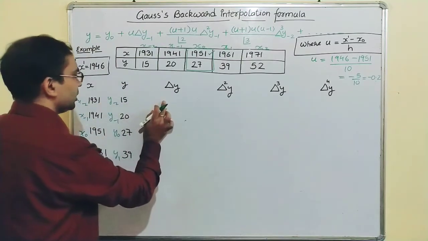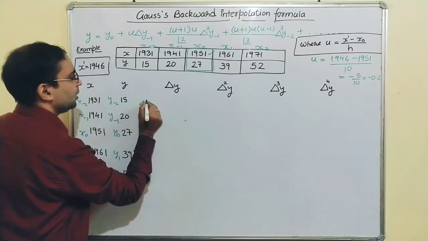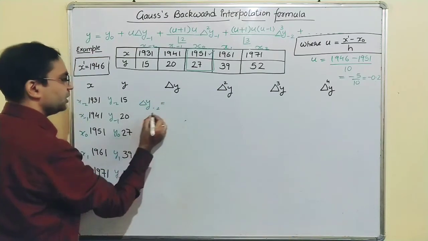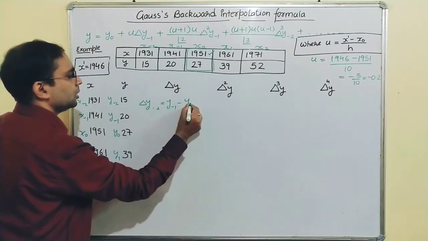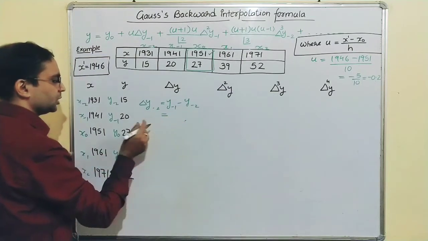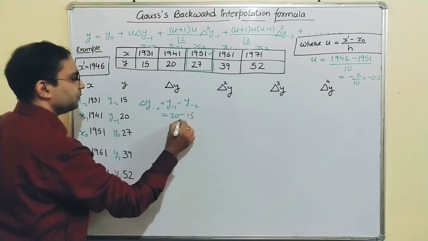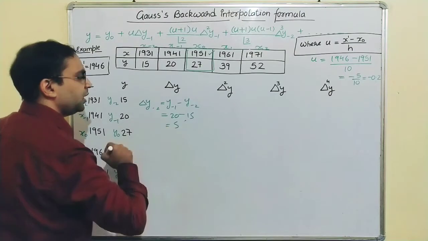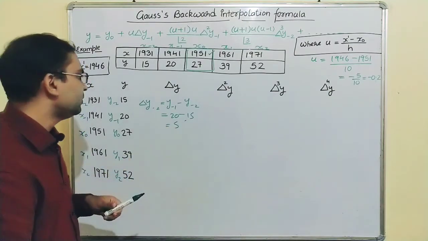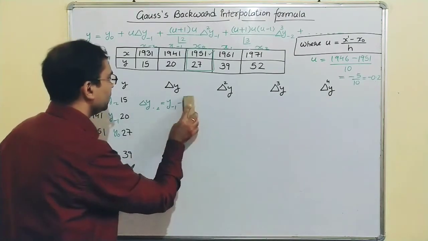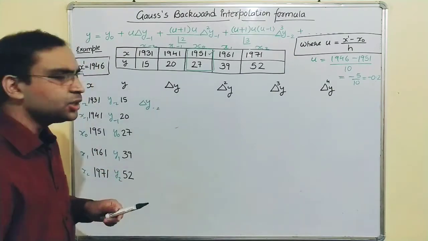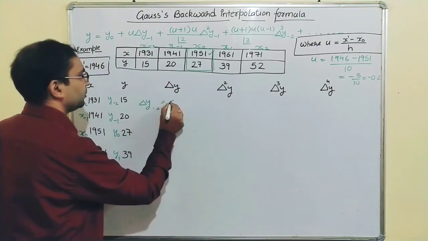So we need to calculate del. So this will be del y minus 2, which is always equal to y minus 1 minus y minus 2. This is 20 minus 15 coming to be 5, right? Let me write 5 here. So del y minus 2 is 5.